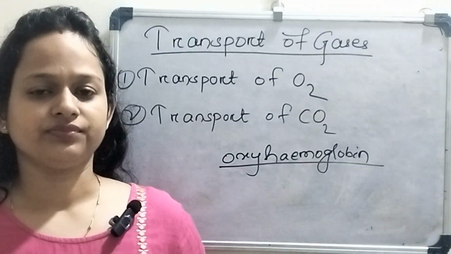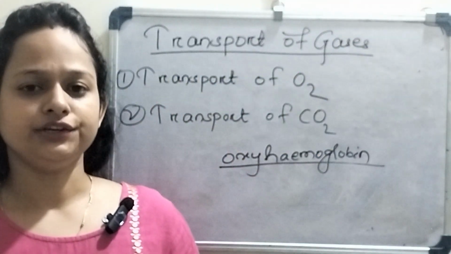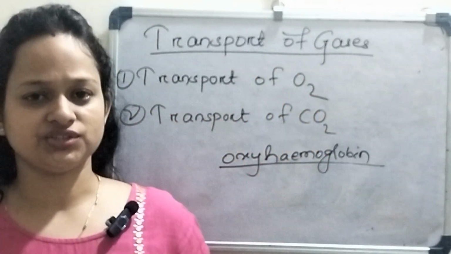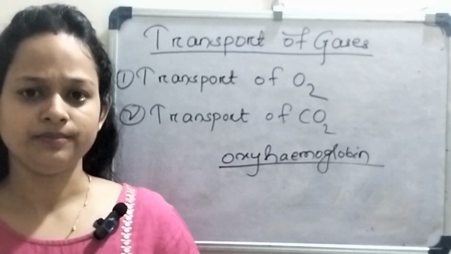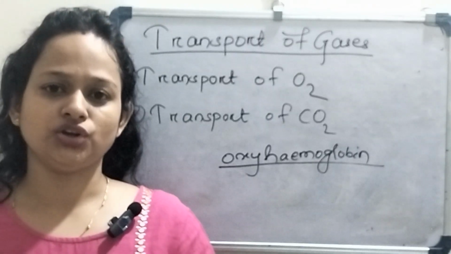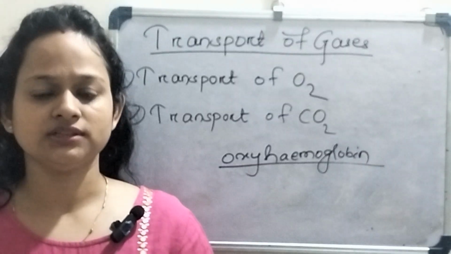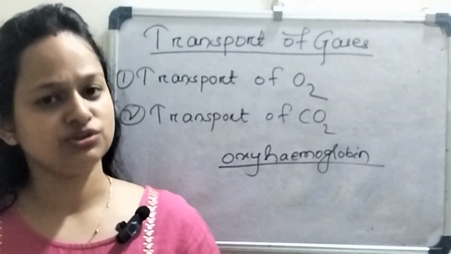Then come to the transport of gases. It consists of two steps, that is transport of oxygen and transport of carbon dioxide. So in the first step, that is transport of oxygen, when the oxygen comes through the diffusion process into the alveolar blood vessel, then the blood contains the respiratory pigment, that is hemoglobin.